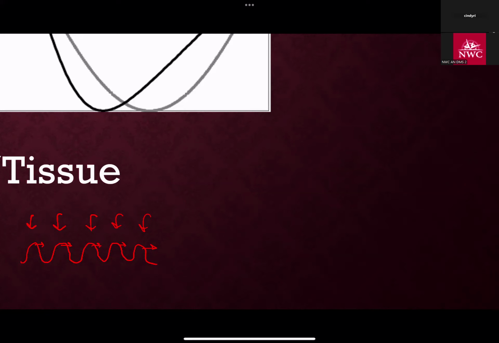It goes faster during compression, high pressure, then slows down during rarefaction, then faster during high pressure, then slower during rarefaction, high pressure, low pressure, and so on. And you can see how the sound wave has changed its appearance.